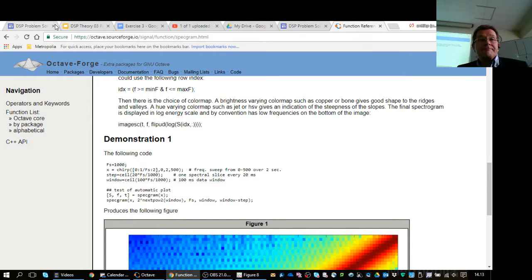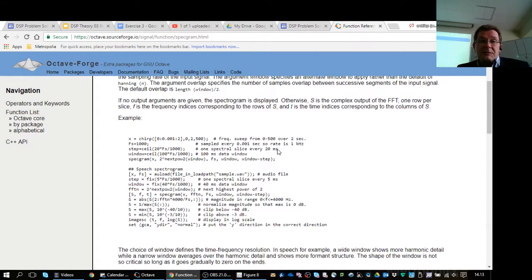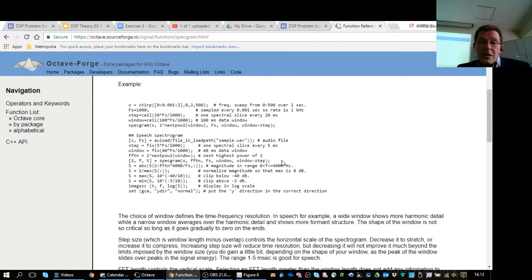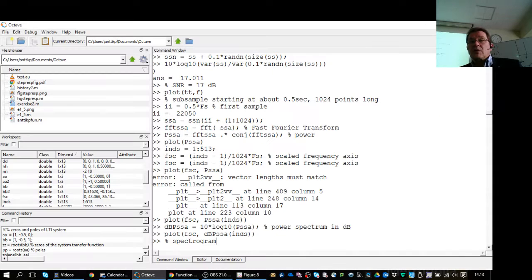Okay. I've also done some things here, but my point is I'll try to find out if they have this. Well, we'll see. I will complain if it doesn't work right, since there are historical reasons why some of the spectrogram subroutines by default show the wrong kind of spectrogram.